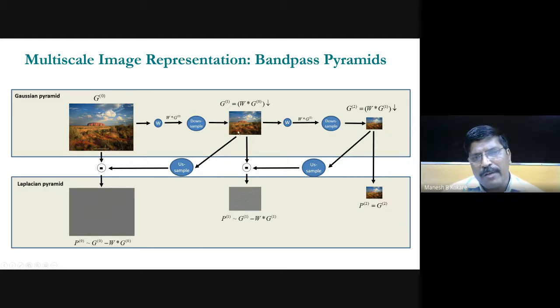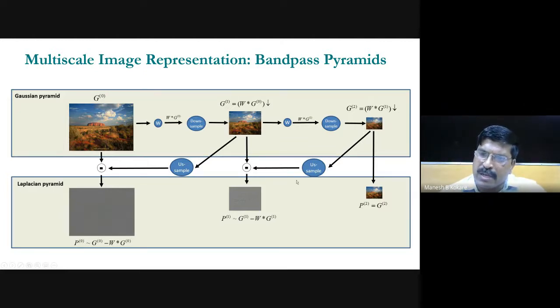And again, this process is repeated by changing the scale of the Gaussian function. You convolve with this image, and again do downsampling row and column wise, and you get this image. So this is the Gaussian convolved image at scale 2. Then again you do the upsampling and reconstruct the image.